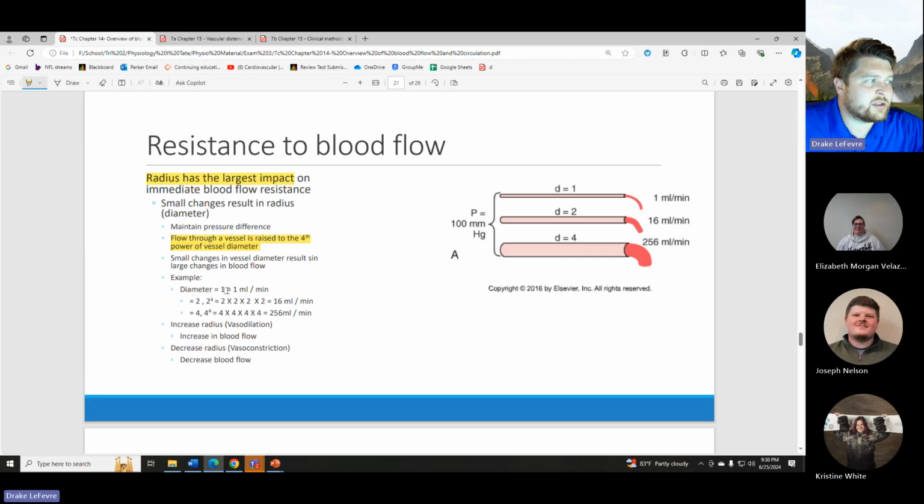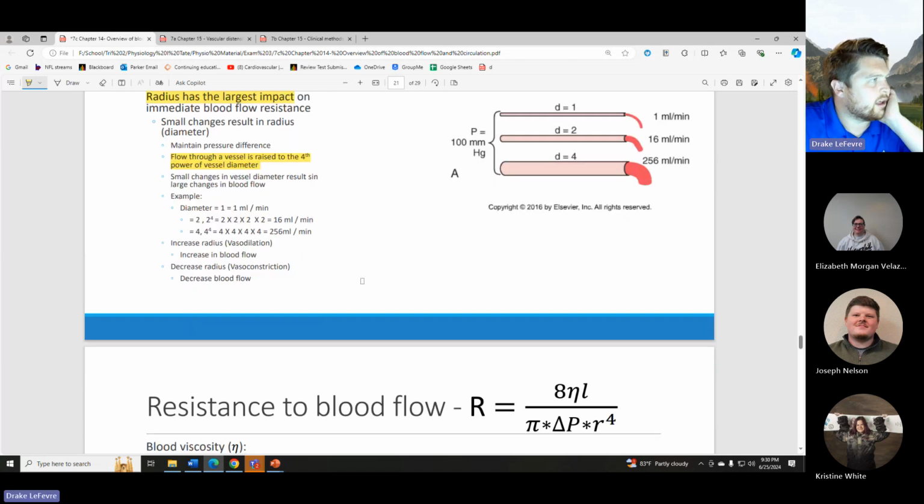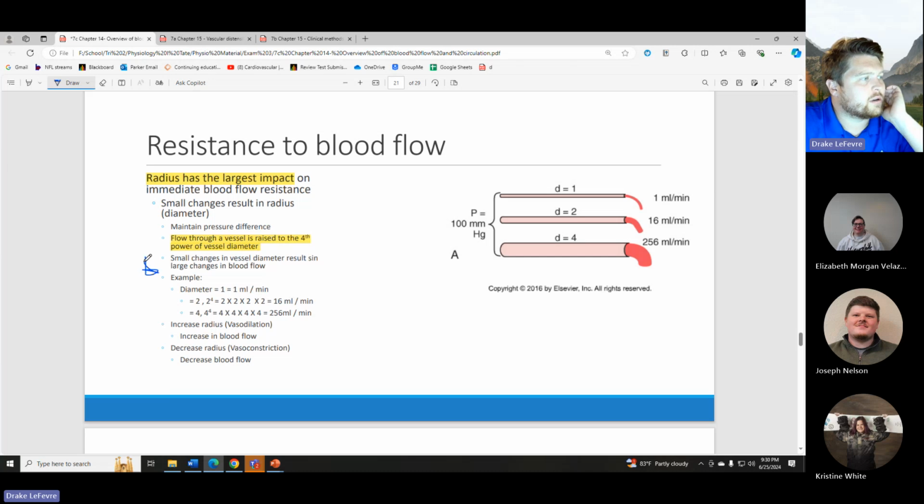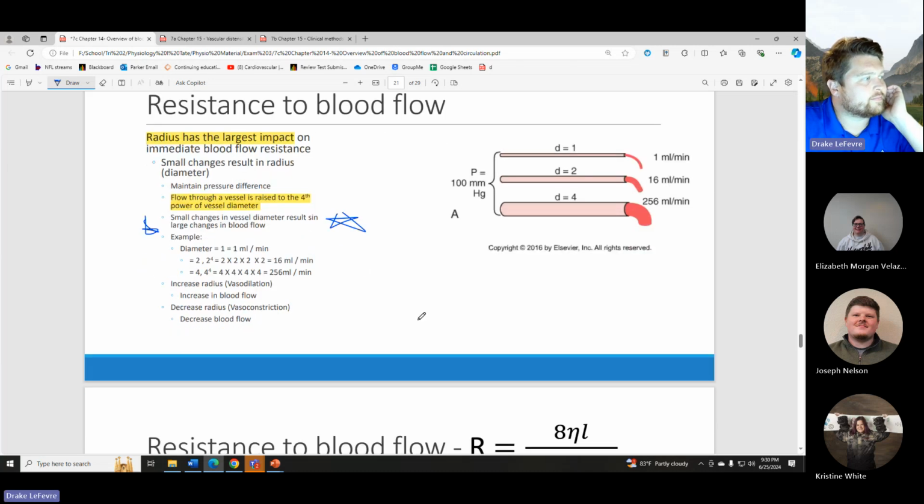So if diameter is 1, that's 1 milliliter per minute. If you up it to 2, you're going to have 16, up it to 4, 256. Up it to the 4th power is typically the way that he'll do the question. Changing diameter or radius is the number 1 way to change blood flow.